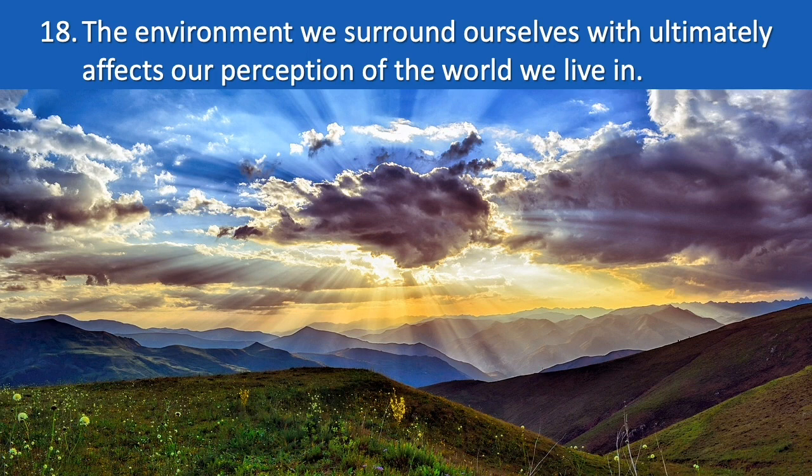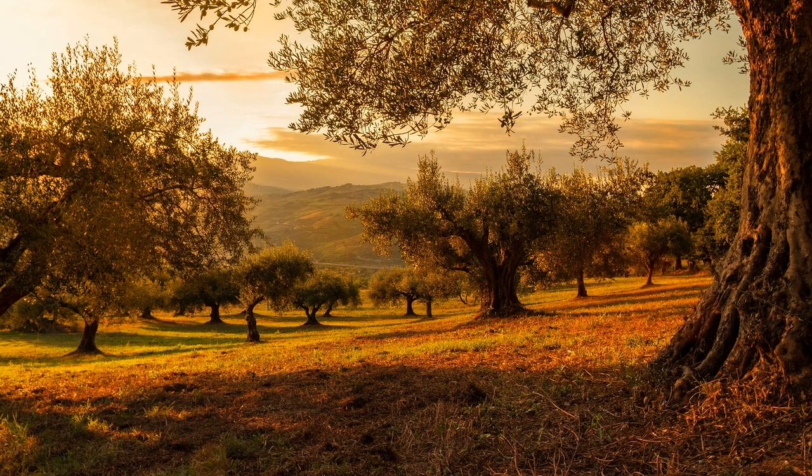Whereas if you're surrounded by peaceful environments, you might be more at peace because of it. So just think about the kind of environments you surround yourself with. And what effect does your environment have on your nervous system or on your mind?